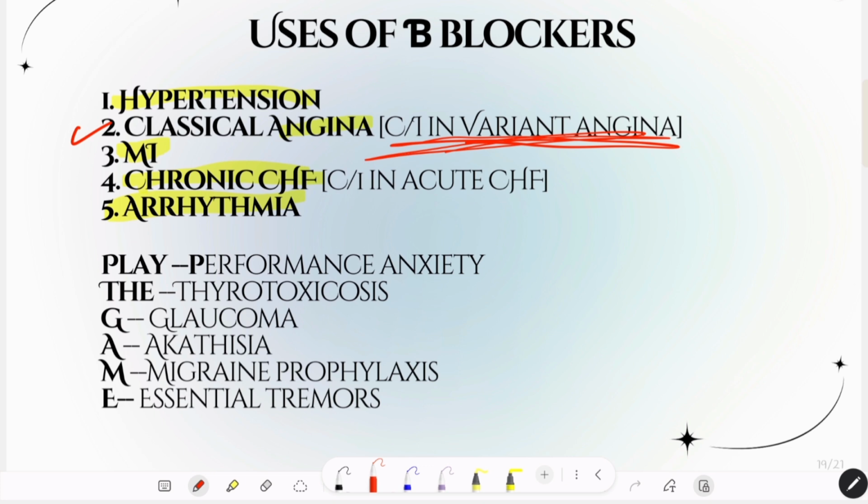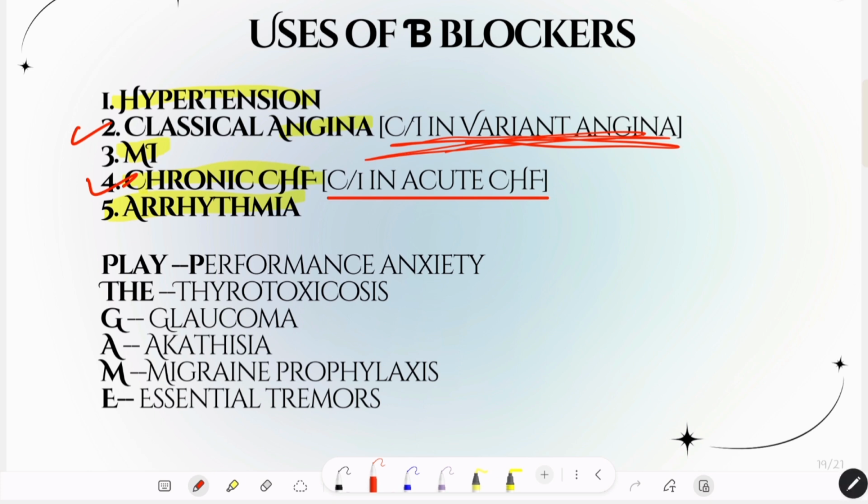And beta blocker can only be used in chronic congestive heart failure. We cannot use it in acute congestive heart failure, as in acute congestive heart failure the sympathetic system tries to save the person, but if we block the sympathetic system by blocking the beta receptor, that will worsen the condition of acute congestive heart failure.